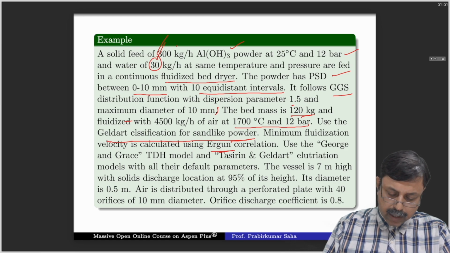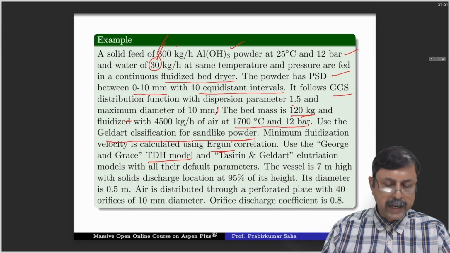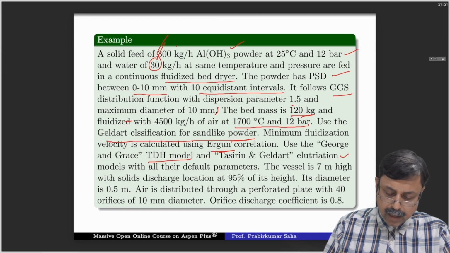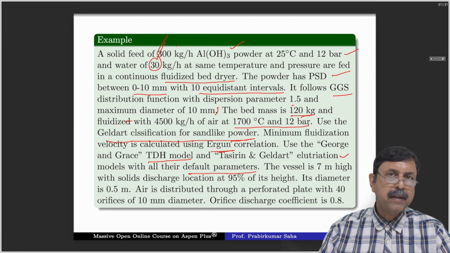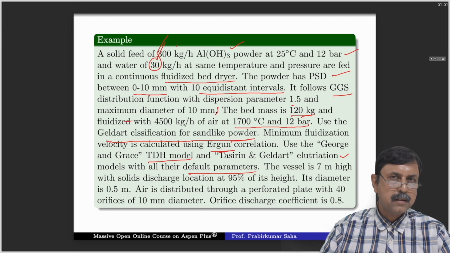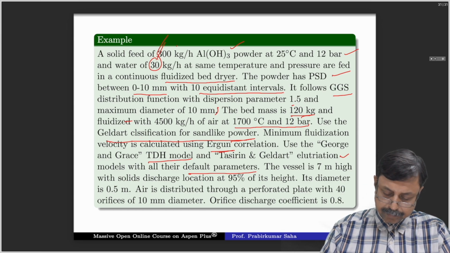Use the George and Grace TDH model, TDH meaning the transport disengagement height model, and the Tasirin and Geldart elutriation models with all their default parameters. The parameters they have not given, you can use whatever the Aspen Plus software suggests.